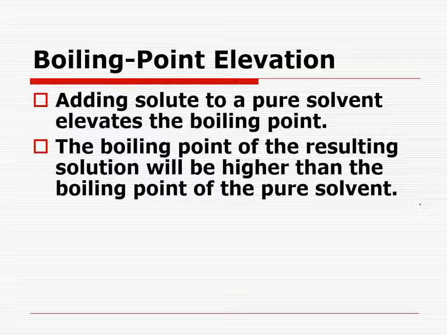And remember, something boils when the vapor pressure equals the external pressure. So if you have lowered the vapor pressure of the solution by adding that solute, then you're going to have to heat that solution up a lot more to get that vapor pressure to equal the external pressure. And so that's where that boiling point elevation comes in.